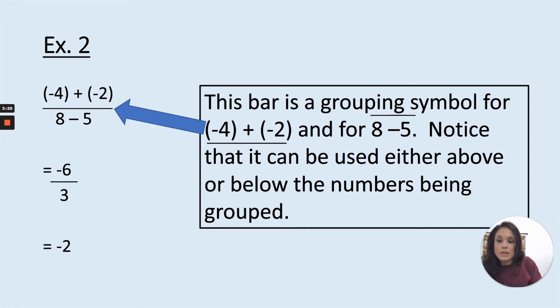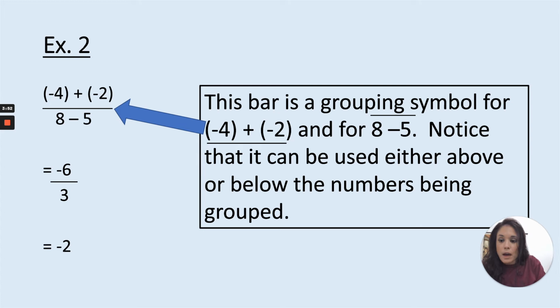Here we have an example of a fraction. We've got this fraction bar. Negative 4 plus negative 2 on the top, and then 8 minus 5 on the bottom. This fraction bar can also be used as a grouping symbol because it is grouping the negative 4 plus the negative 2. It is grouping the 8 minus 5.